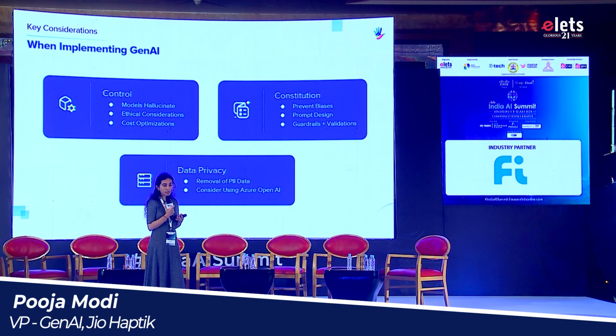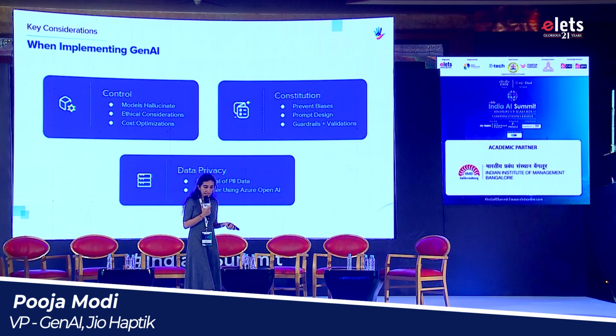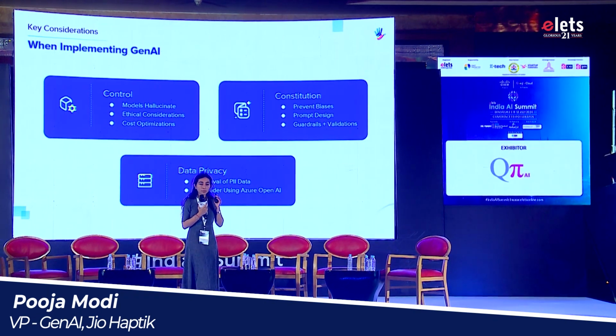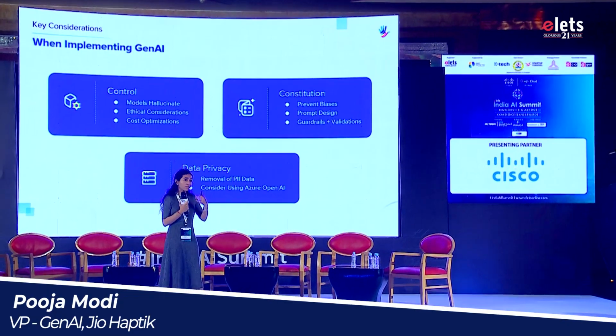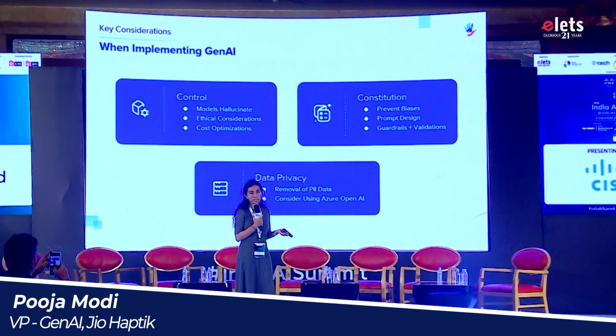And of course, the most popular question, which I don't know how many times in a day we get, is data privacy, right? As I said, the first layer and the starting point to any Gen AI solution is basically brands sharing their own proprietary data, data that's very specific to them and their brands, even if it is their SOPs, their transaction data, their customer data, their app level data.